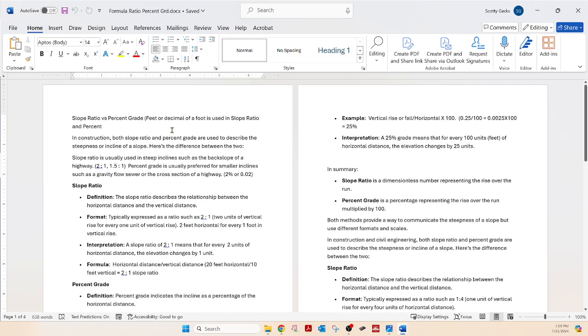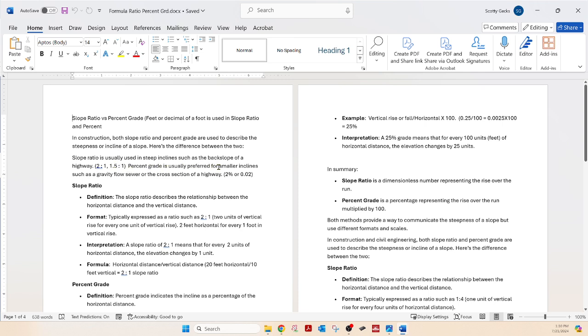It gives you the definition when I'm talking about slope ratio versus percent grade, just to be formal about it. And by the way, slope ratios are usually used in steep inclines, such as back slope of a highway. In other words, when you cut through a hill on each side of the road, there'll be a big back slope. And they'll be like 2 to 1, 1.5 to 1.